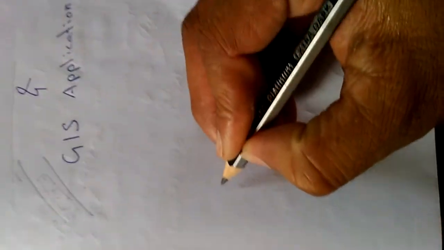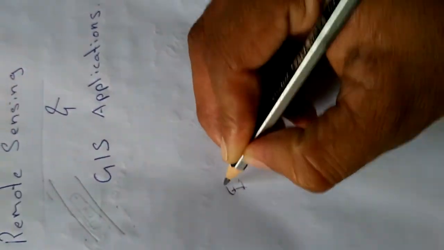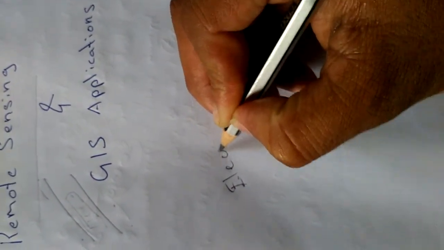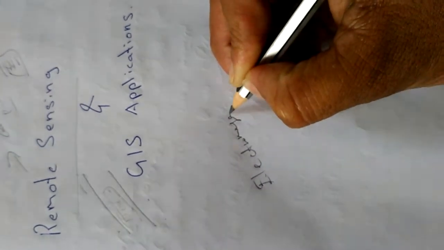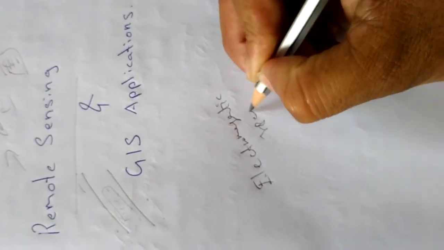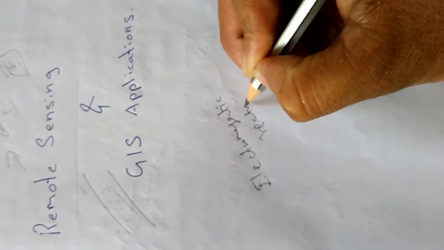The electromagnetic spectrum you all studied in lower classes. The electromagnetic spectrum is defined as an ordering of radiation based upon wavelength, frequency or energy.